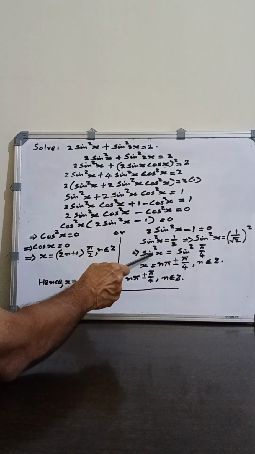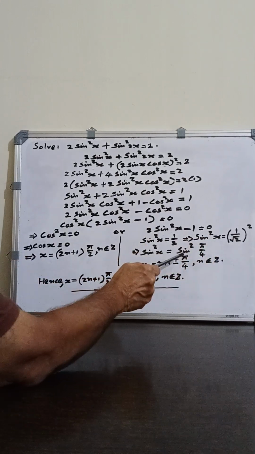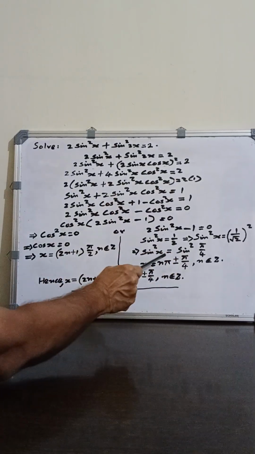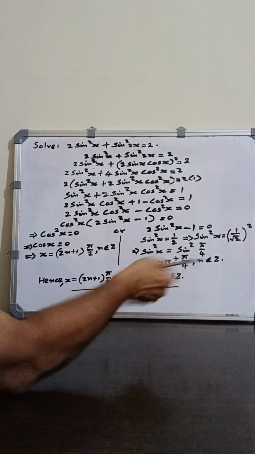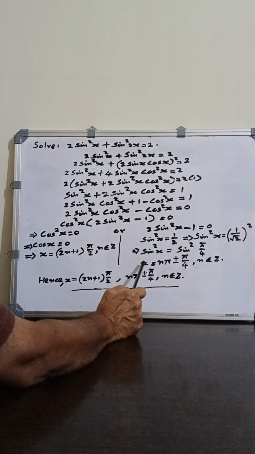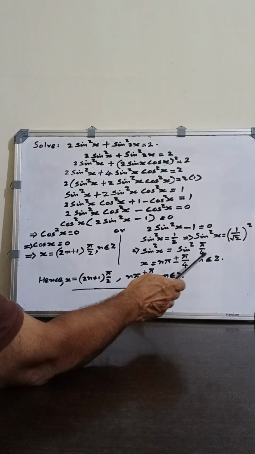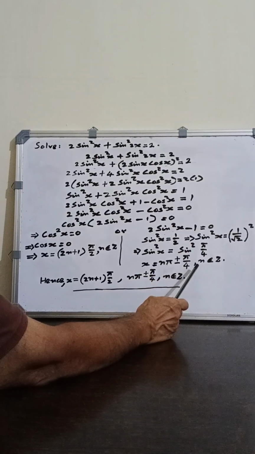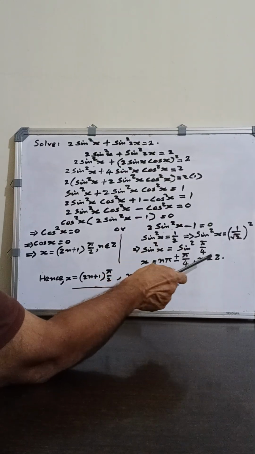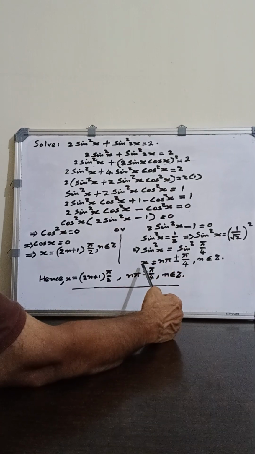Therefore, sine squared x equals 1 by root 2 the whole squared; instead of that, I am putting sine squared pi by 4. Sine squared x equals sine squared pi by 4, then x equals n pi plus or minus pi by 4, n belongs to Z, is the general solution of x here.